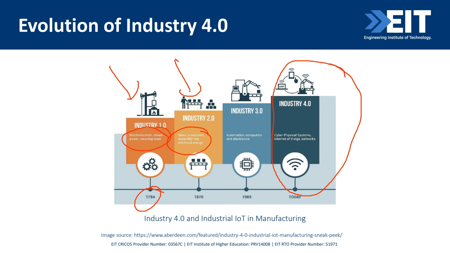This is Industry 2.0. Industry 3.0 started with the introduction of microprocessors, late 60s, early 70s, meaning computers. And this is what, in the majority of cases, we have right now. The majority of people are using computers to do control and automation.